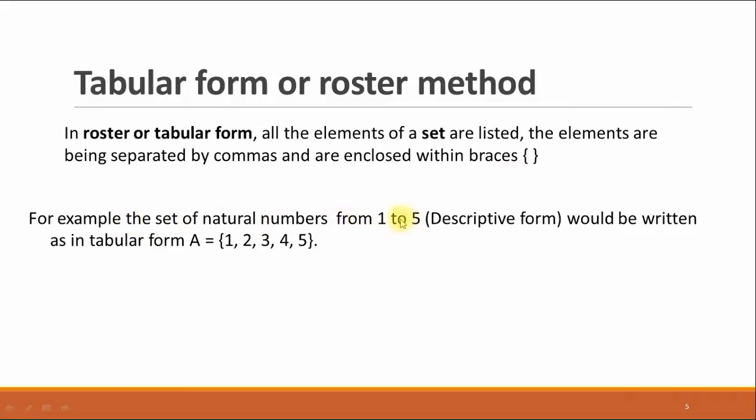Now how do we write this in tabular form? We can write set A is equal to {1, 2, 3, 4, 5}. Enclose these numbers within braces and separate each element by a comma. Then this is the tabular form.